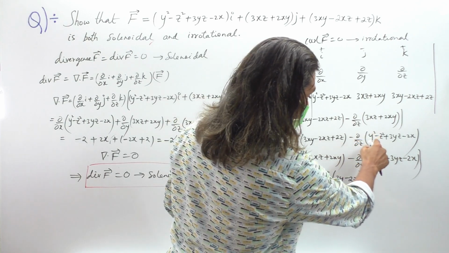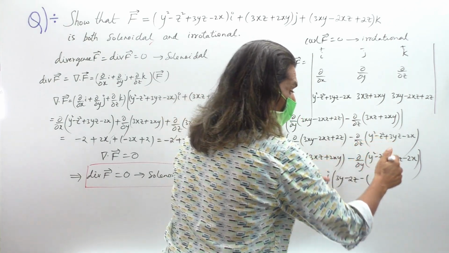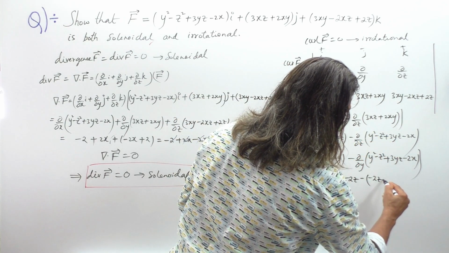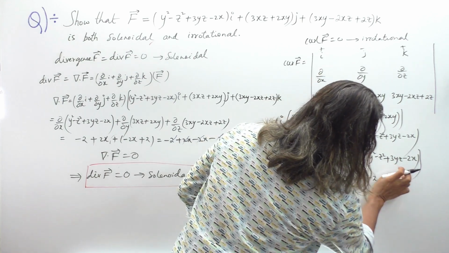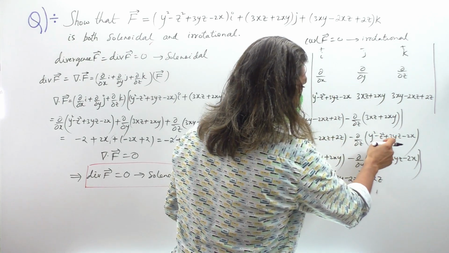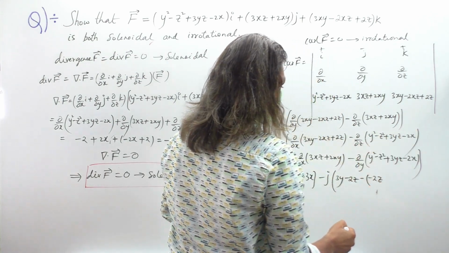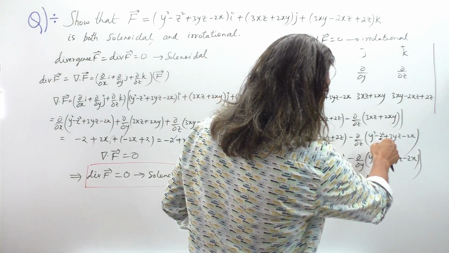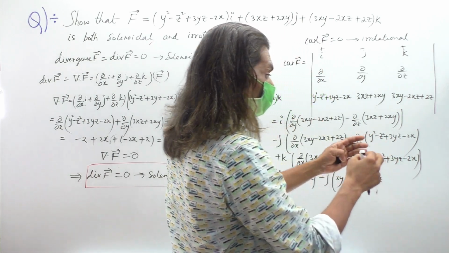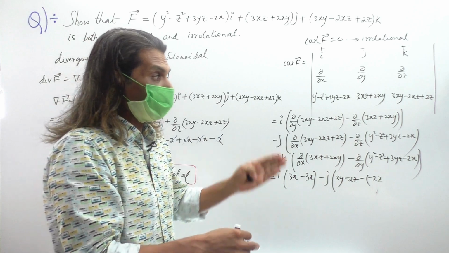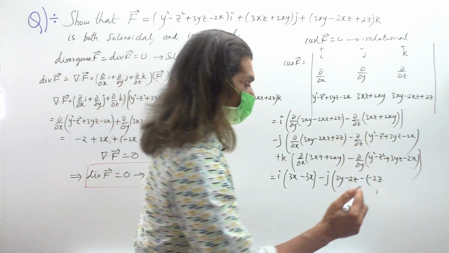I will put a bracket here, again ∂/∂z of, see y² is 0, z² is there, differentiation of minus z² is minus 2z. Am I right? It's minus 2z, and again here 3yz, so differentiation of z is 1, 3y as it is. Understand it clearly.